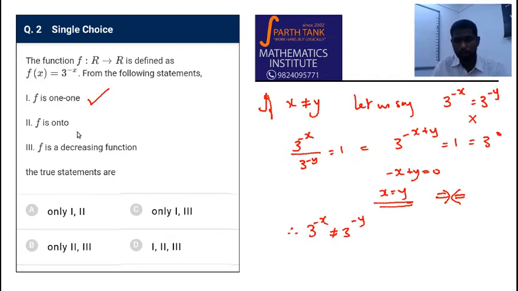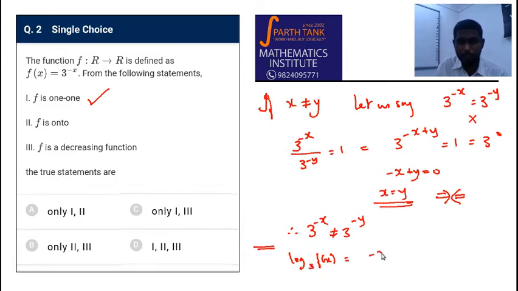Now how about onto? Onto means that the inverse of this function should also extend over the whole domain. Now the inverse of this function, let us say you take log of f of x base 3. Okay?